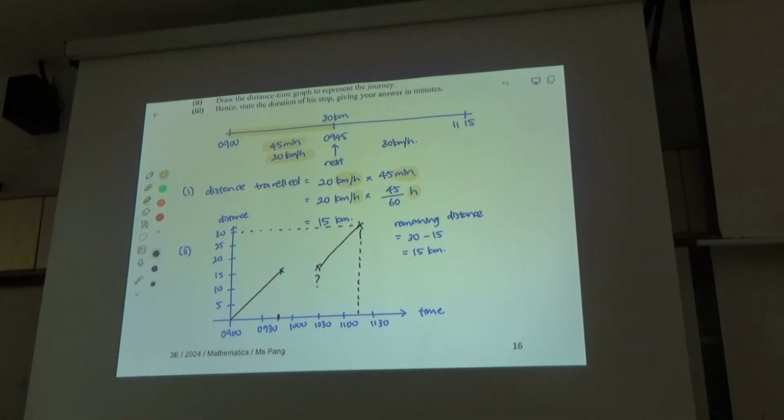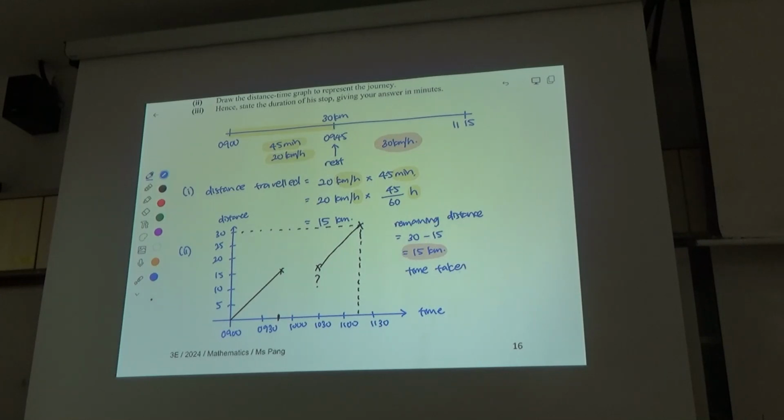We do know the speed of the end part of the journey, which is 30 kilometers per hour. Now I also know the remaining distance, so can I find out the duration? I can.